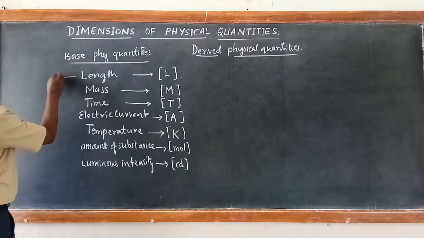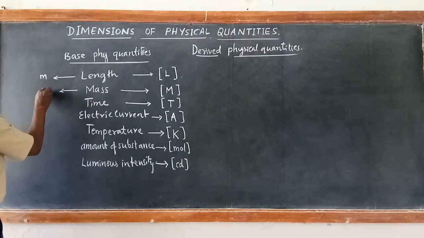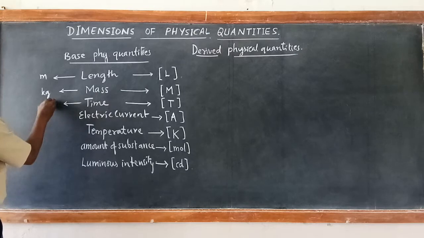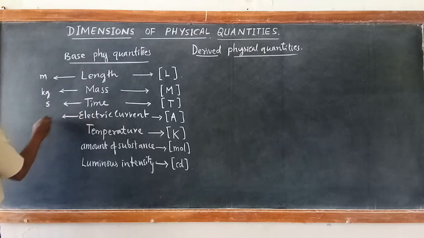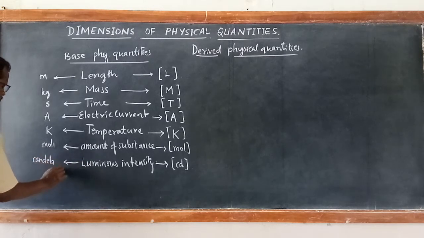You know, length is measured in meter, mass is measured in kilogram, time is measured in second. These are the base units: ampere, temperature in Kelvin, amount of substance in mole. Mole has the short form MOL, and luminous intensity is measured in candela, which has the short form CD.